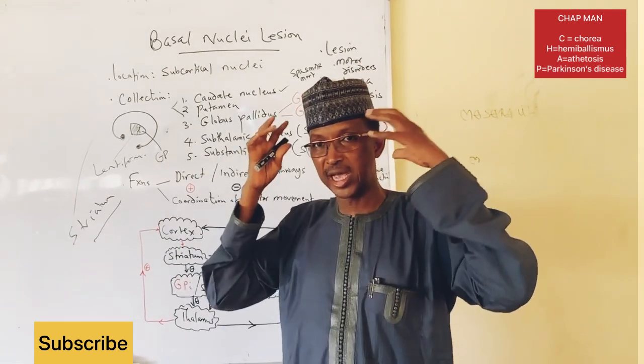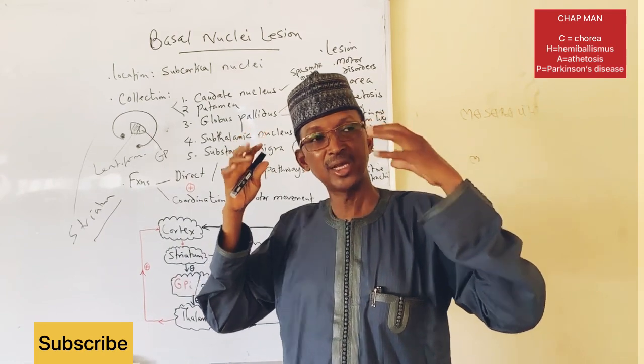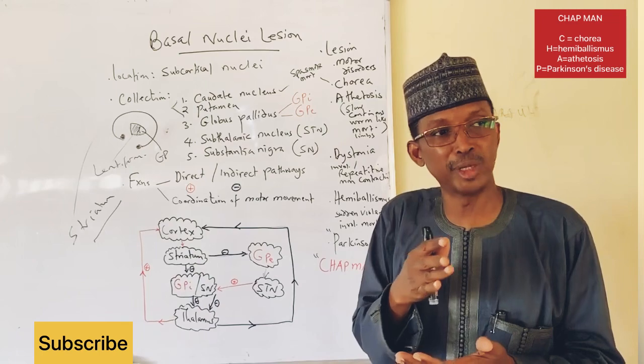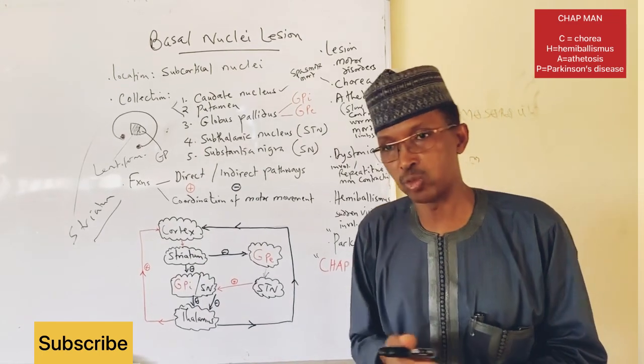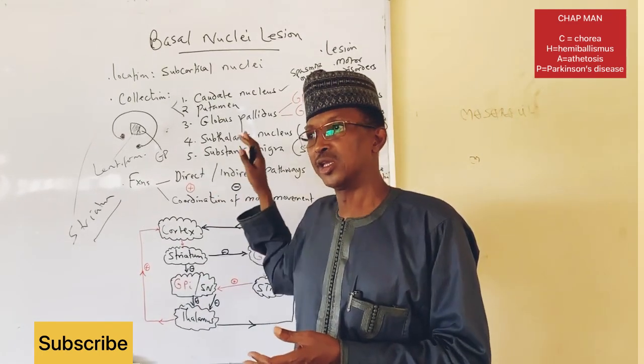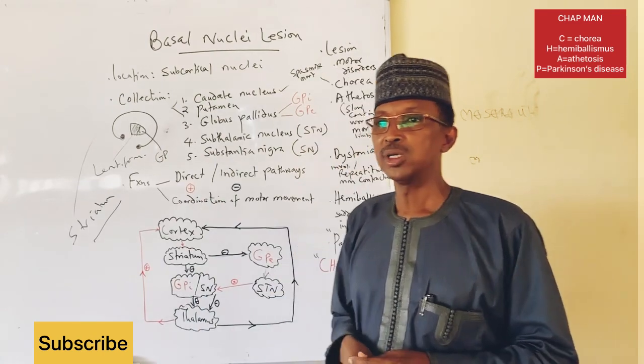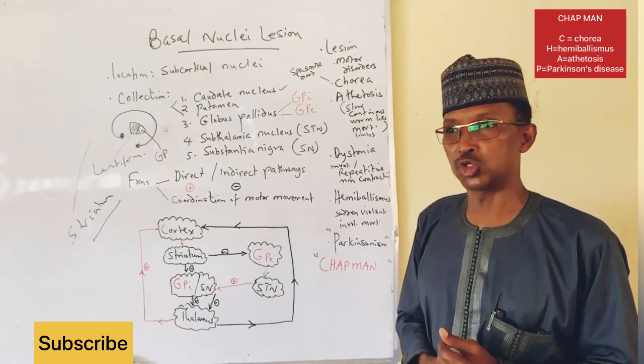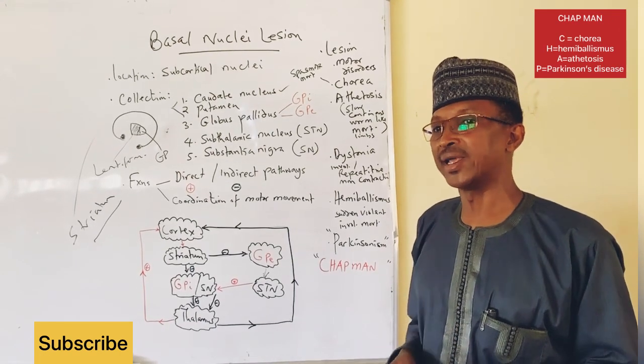These nuclei in the cerebral hemispheres are supplied by blood supply, so the blood supply may be blocked or may rupture. At the end of the day, the nuclei may be devoid of blood supply, and so we are going to have what we call basal nuclei lesion.